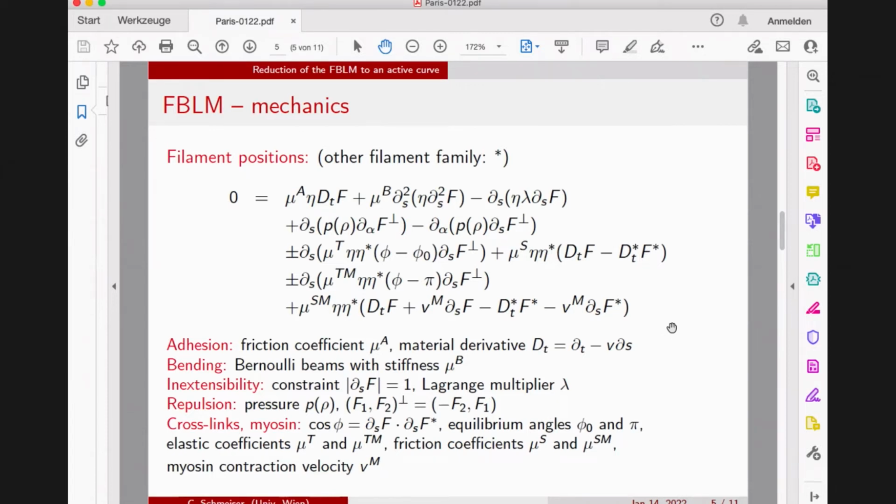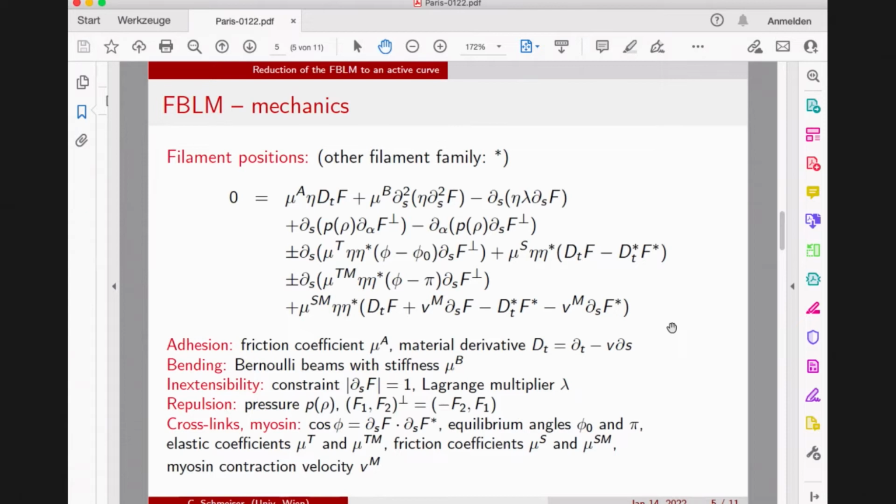These are chemical processes, or the branching, so the nucleation of filaments by branching, but also the capping. So all these are the chemical processes.